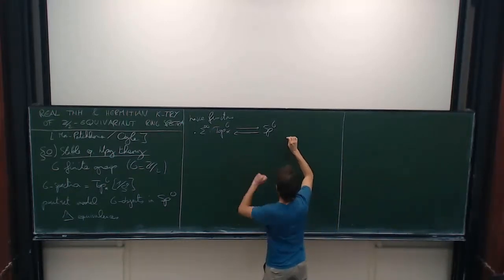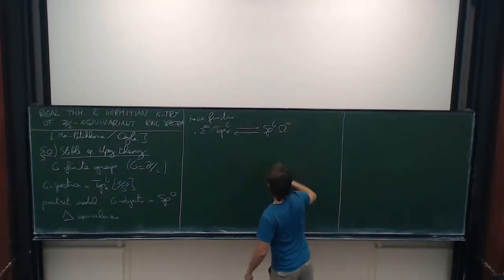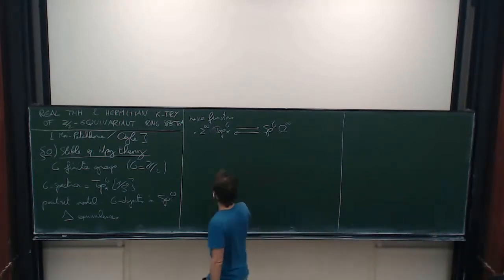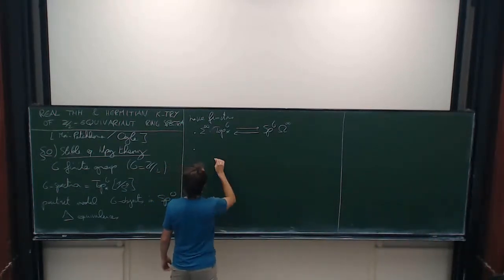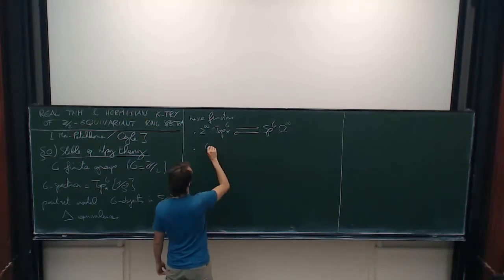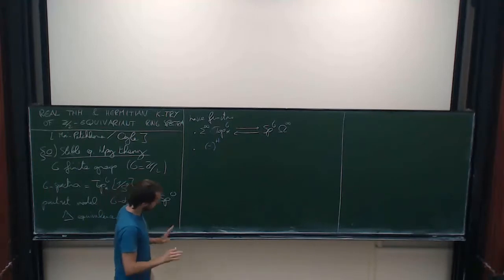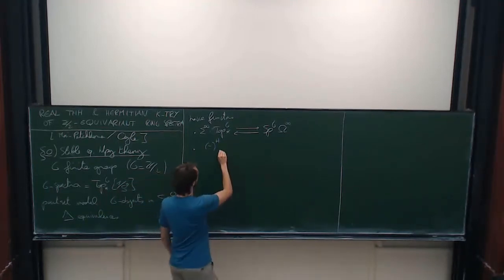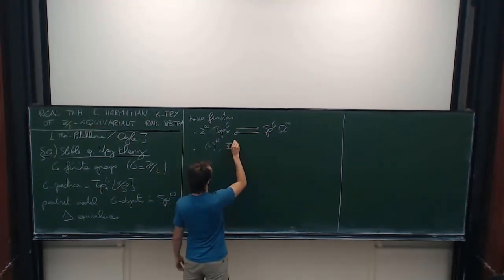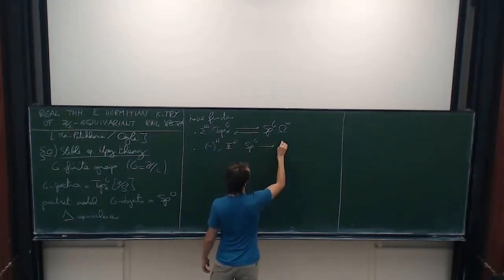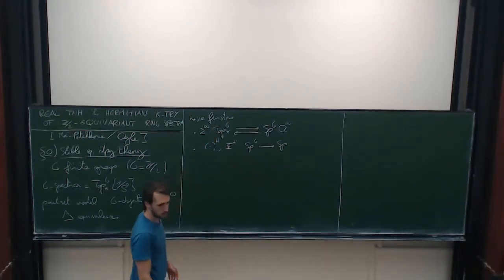And the derived right adjoint for this functor is some infinite loop space functor. And then we have fixed point functors, particularly two kinds of fixed points. Derived fixed points, which we usually only call fixed points, and geometric fixed points. And these take a G spectrum and send it to a spectrum.